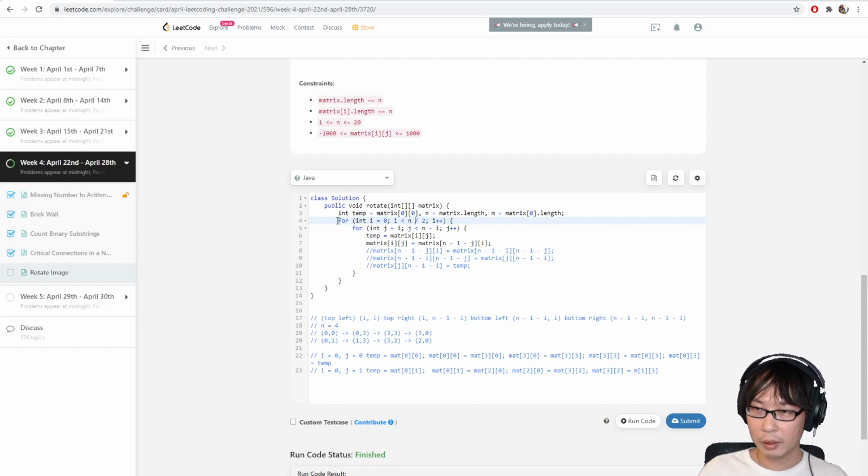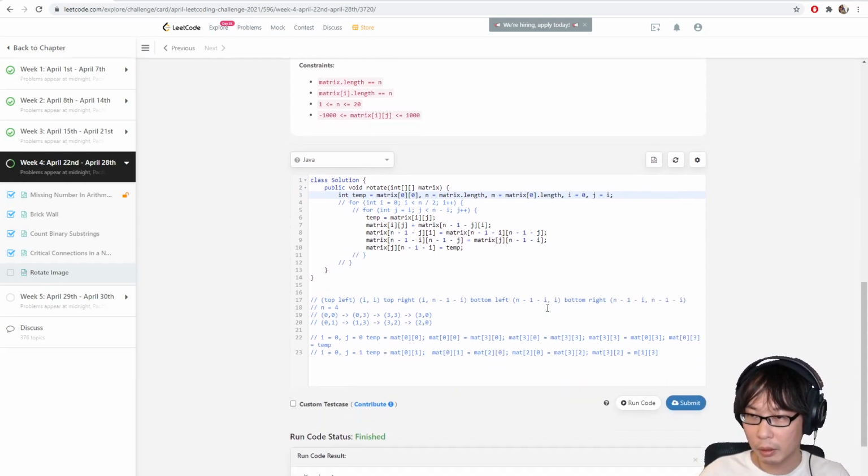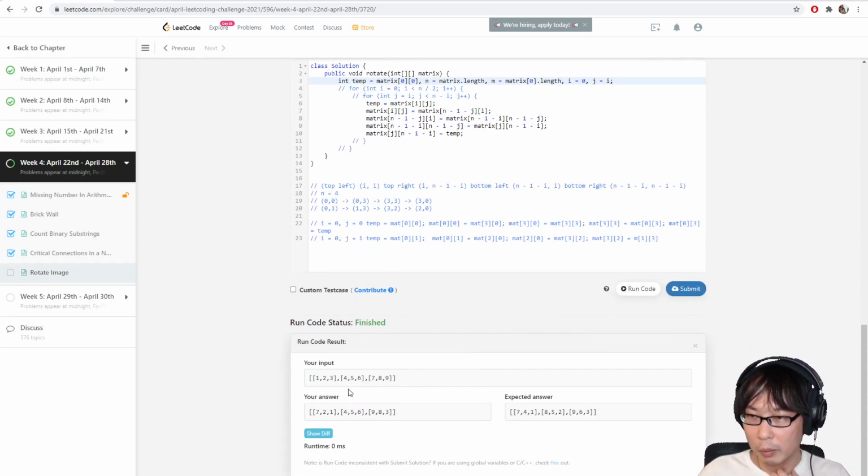How about we only do the first? How about, let's try I equals to 0 and j equals to I. So we move 7 to the 1 position, and then we move 1 to the 3 position, and then we move 3 to, yeah.